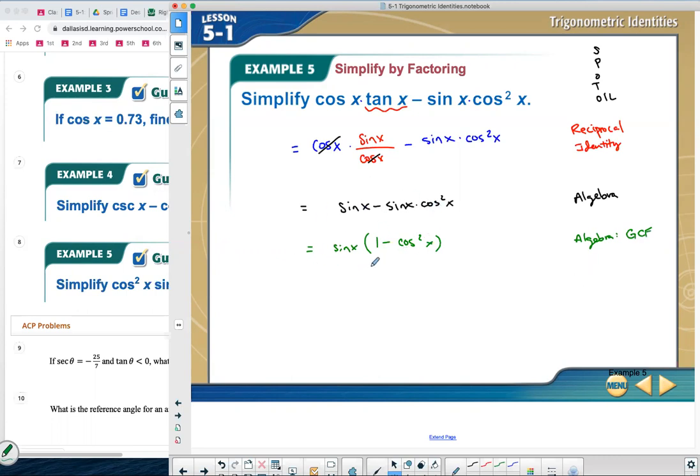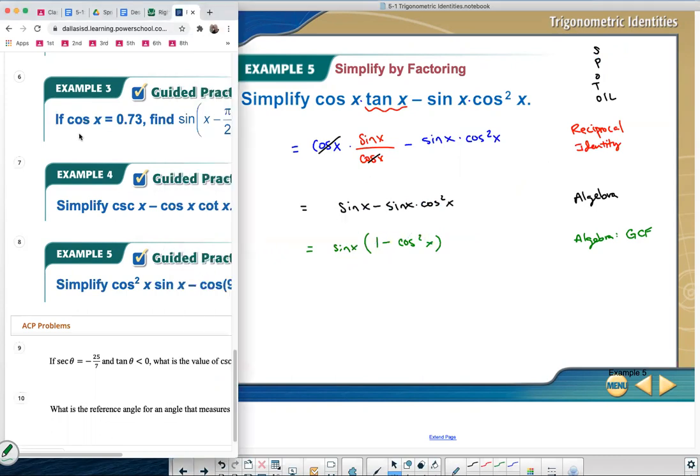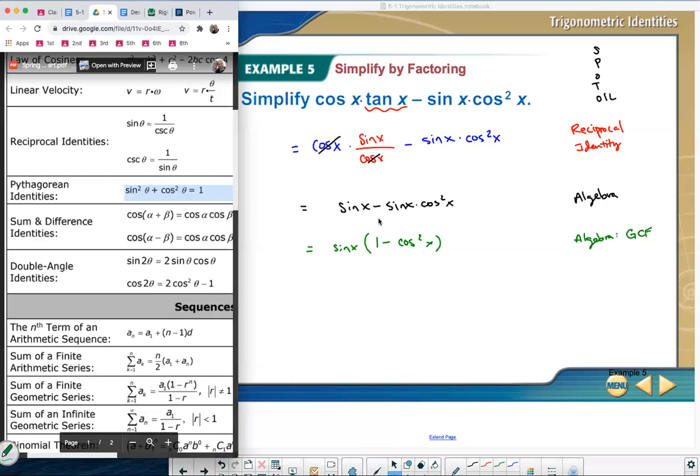And so now I'm here. I start SPOT OIL again. Can I cancel? No. Can I GCF? No, we just did that. Pythagorean, P. Do we have a Pythagorean? Yes, I have a 1 in the square. So I'm going to go to my chart. It's 1 minus cosine squared, which to get that would be as if I subtracted the cosine squared over here. So that means the only thing left over would be sine squared.